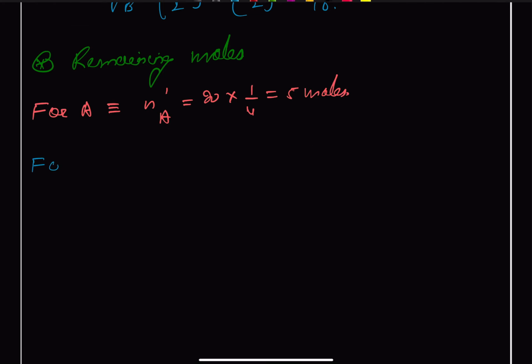And for B, let us call this Nb prime, will be equal to 10 multiplied by 1 upon 16. This gives us 0.625 moles.